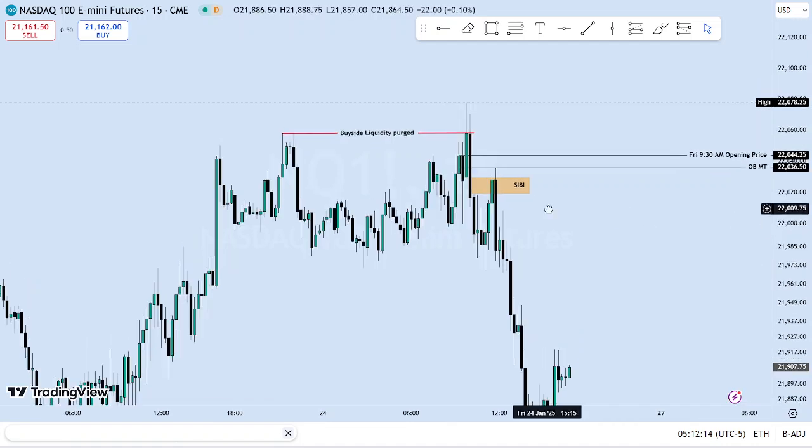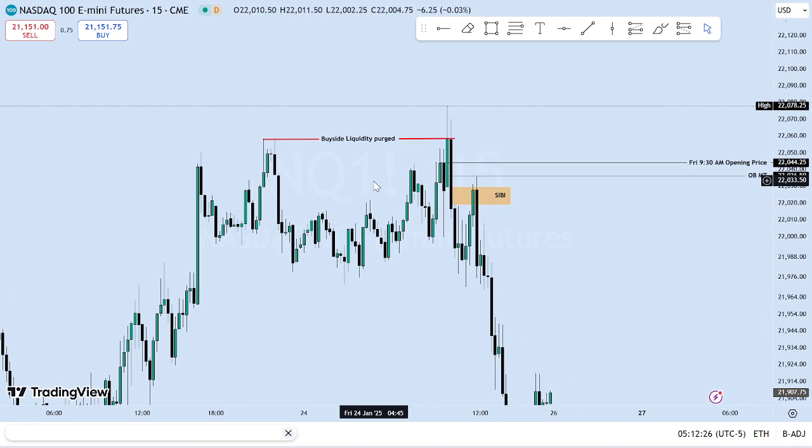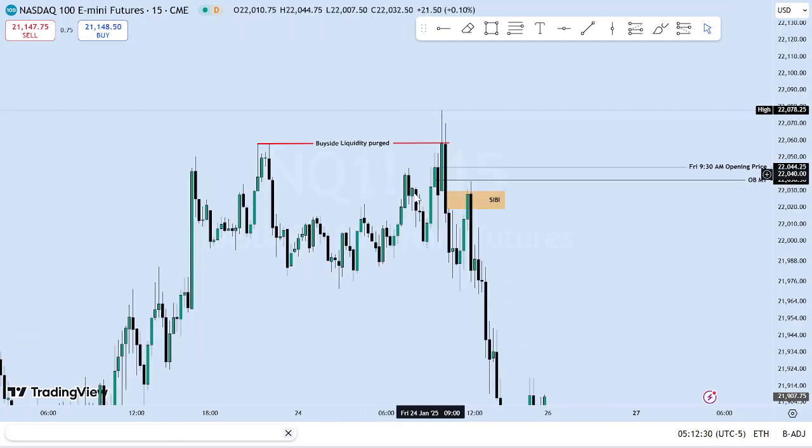I say that to anticipate the 9:30 opening price, New York opening price, you look for the first liquidity price is going to take at that moment. In every opening price, in every key zone, price is going to seek a liquidity.